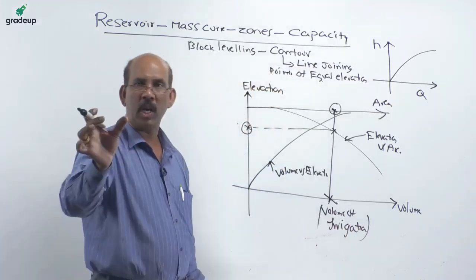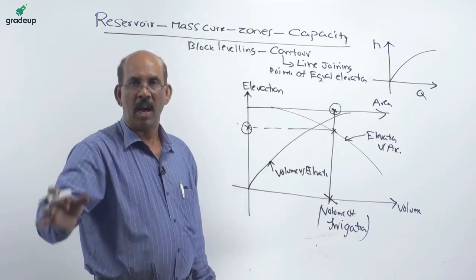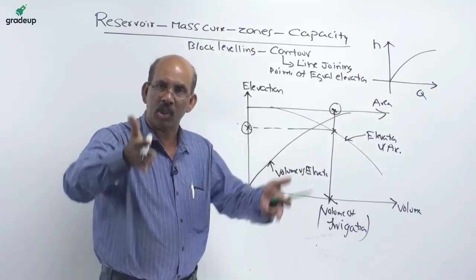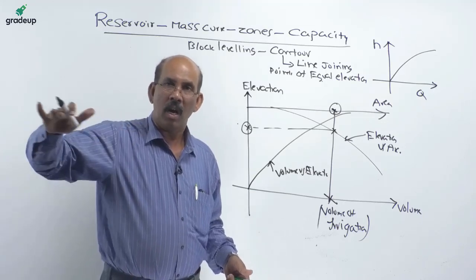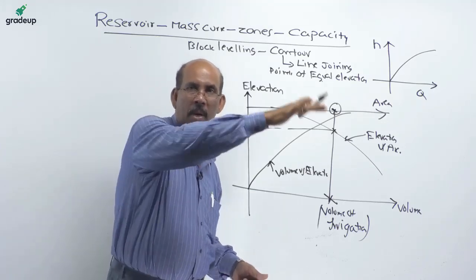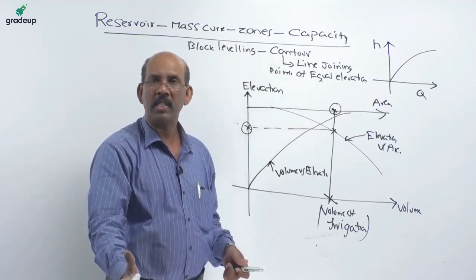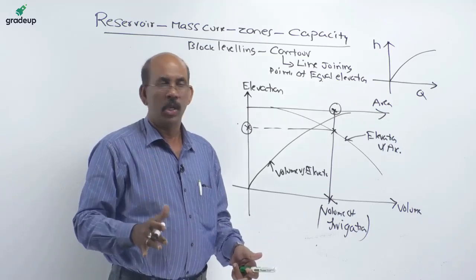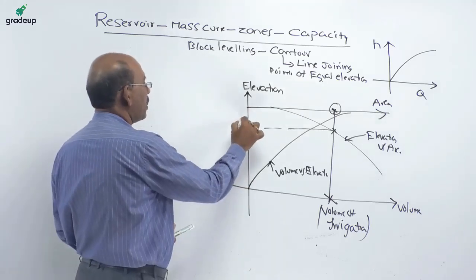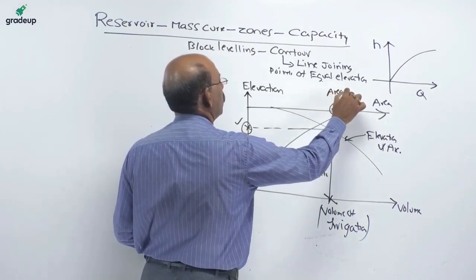This much volume of water is to be stored for irrigation. If this much volume of water is stored at the dam site, how much area is going to submerge on the upstream side, and also what is the height of the dam to be constructed? So this is how, using this, this is the height of the dam, this is the area of submergence.